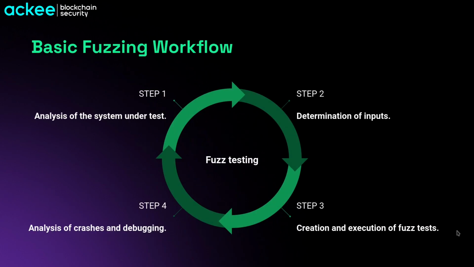And the last slide that I would like to share with you before we go to the hands-on example is the basic fuzzing workflow. Developing a fuzz test is an iterative process. At the beginning, you will probably have to start with some analysis of the system under test.